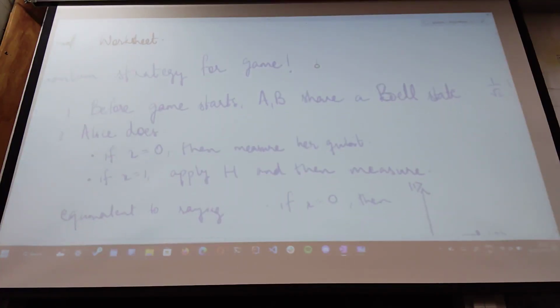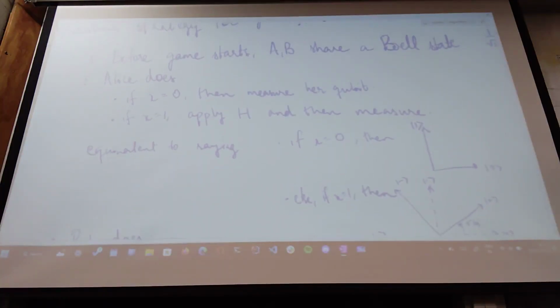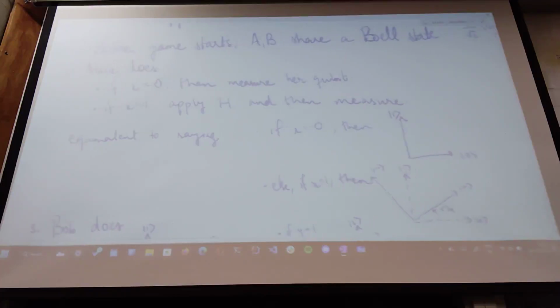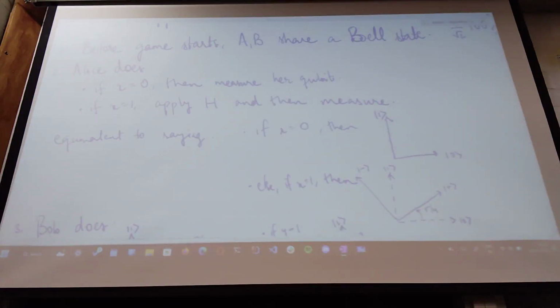And graphically, you can represent this by saying you can measure this. If Alice receives a 0 as her input, she measures in the standard basis, the standard computational basis. Else she measures in this rotated basis of the plus and the minus state, as we looked at earlier.